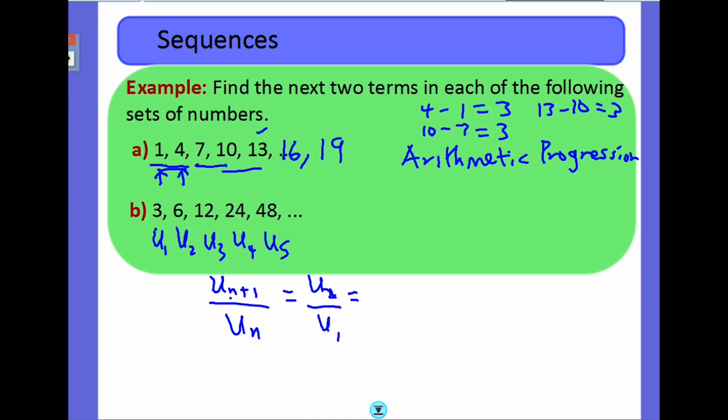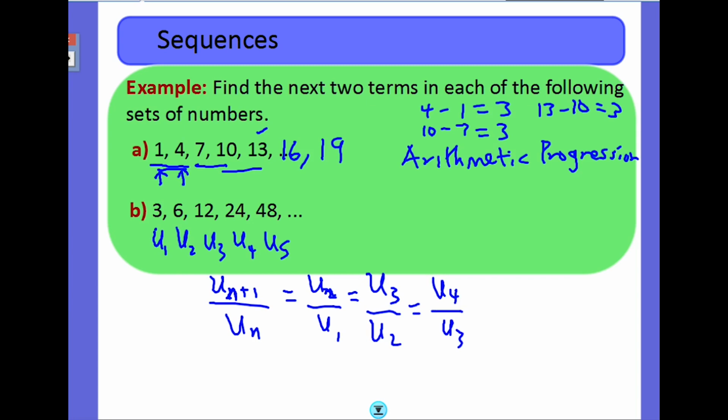If my n here is 2, I will have u3, because 2 plus 1 in the middle is going to give 3, and then u4 over u3.